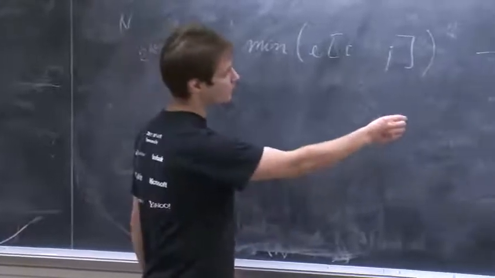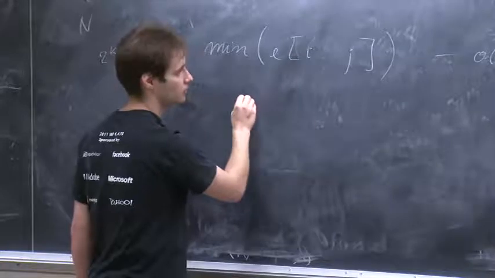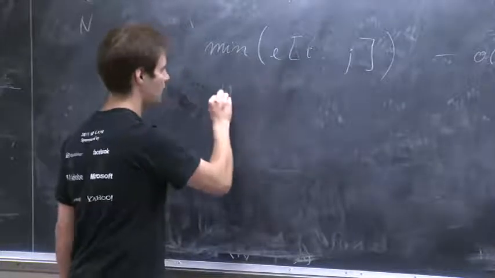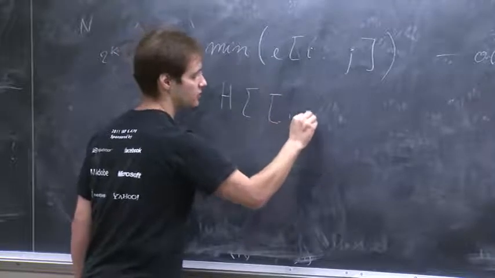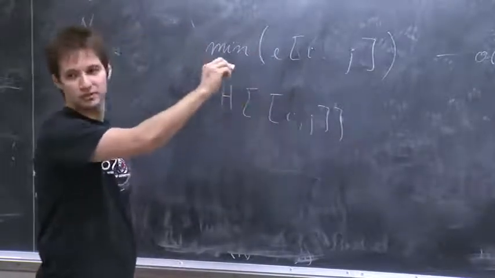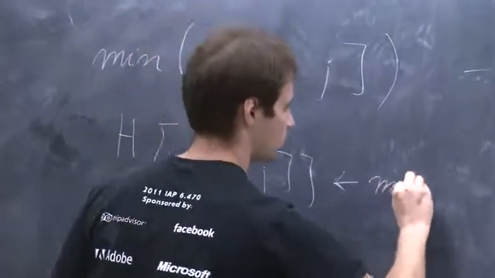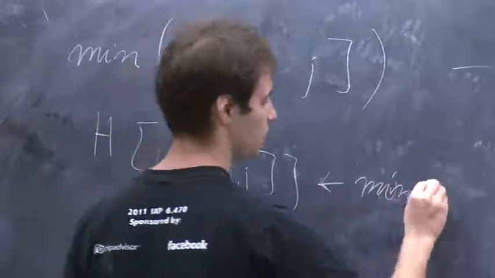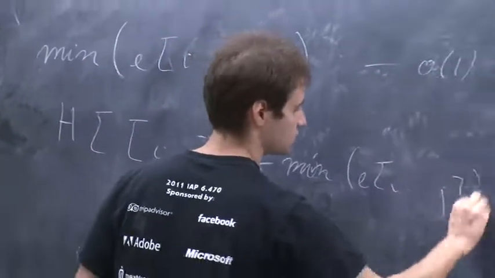So if I want to answer my queries in order 1, then the way I do that is I will have a hash of all the arrays that look like i, j. So all the possible intervals. And I'll store the answer here, right? The minimum of the elements from i to j.